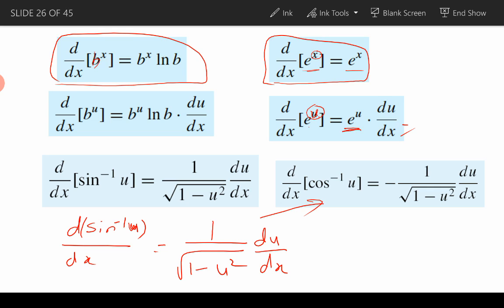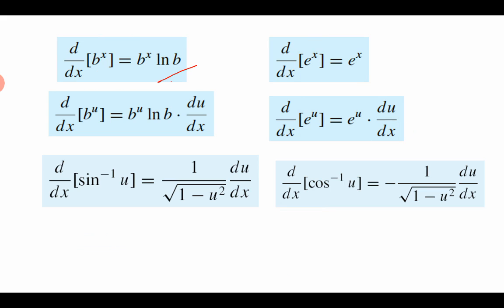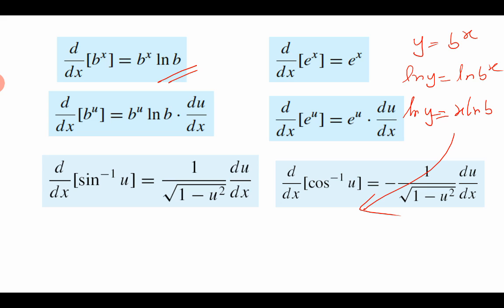Let's discuss other exponents, b power x. For this formula, we take y equal to b power x, and then take ln on both sides. Ln y is equal to ln b power x. So we can write ln y is equal to x times ln b. Differentiate both sides. You will get 1 over y into dy by dx on the left side by using chain rule.